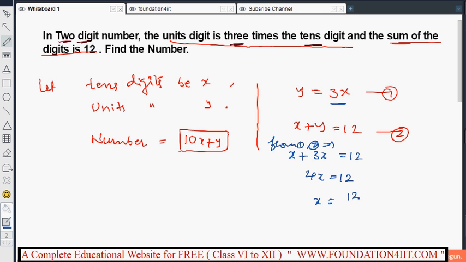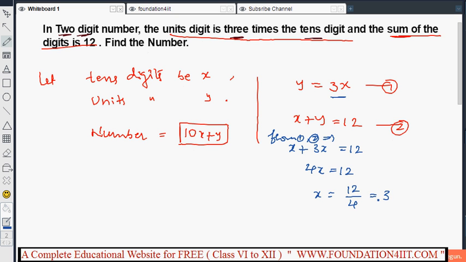So x is equal to 12 divided by 4, that is 3. So the tens digit is 3 now, x is equal to 3. But y is equal to 3x. So y is equal to 3 into x value 3. So y is equal to 9.